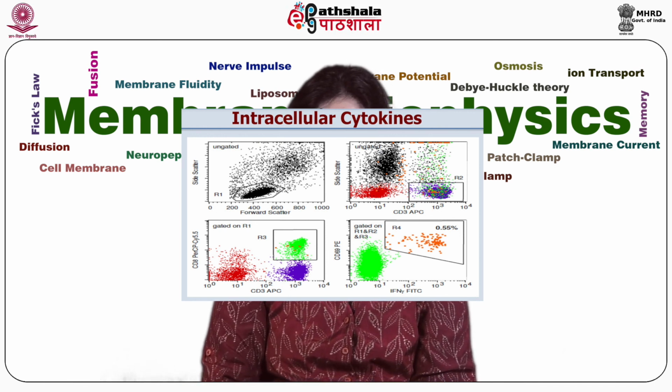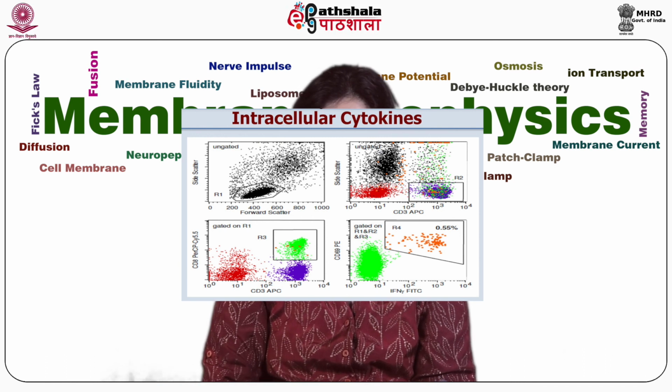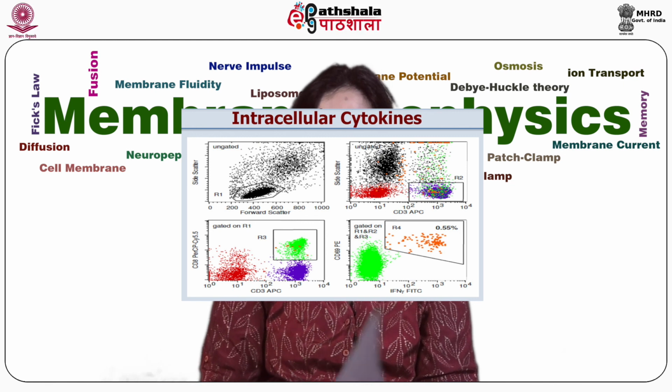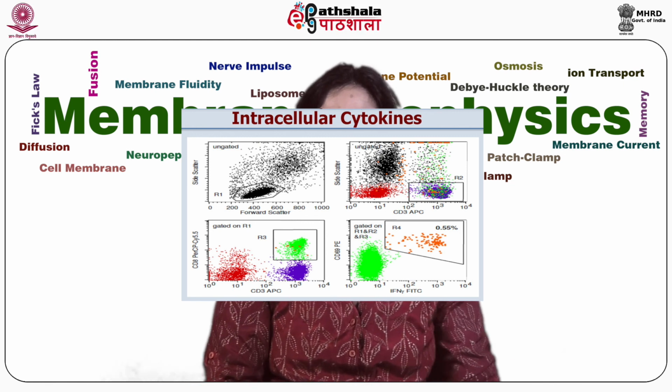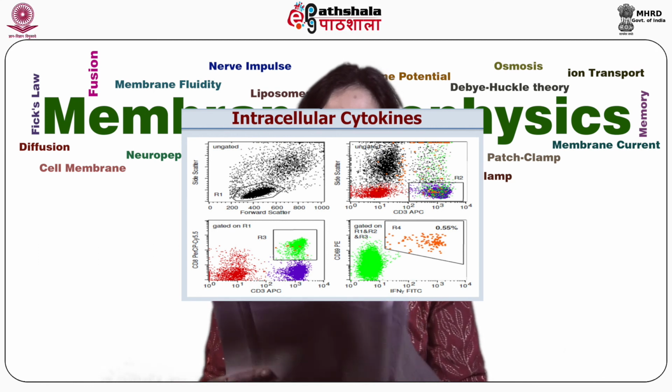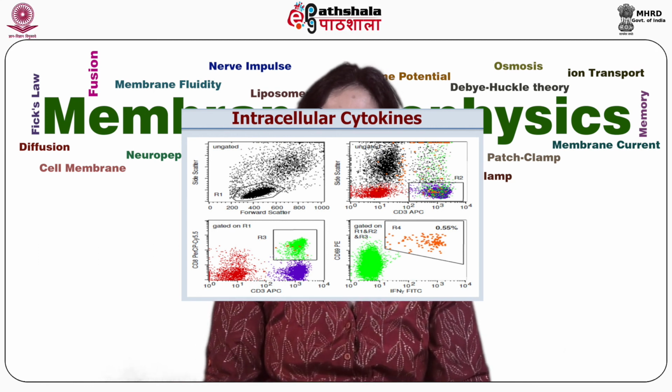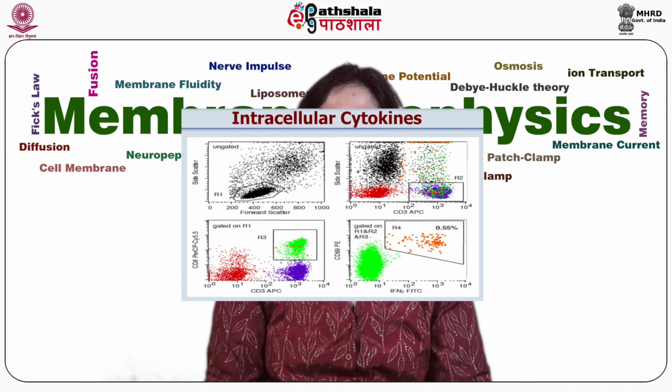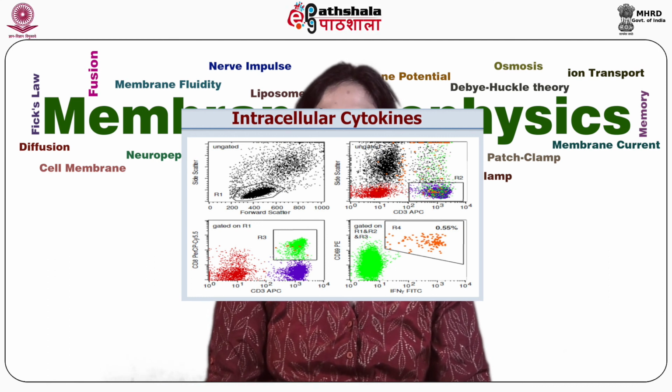The R4 gate indicates a subset of 0.55% of the total lymphocytes, which are CD8 positive, CD69 positive, interferon gamma positive T lymphocytes. Thus, this process can be used to identify and enumerate the cytokine producing cells and the intensity of the cytokine, or the amount of cytokine present in these cells.